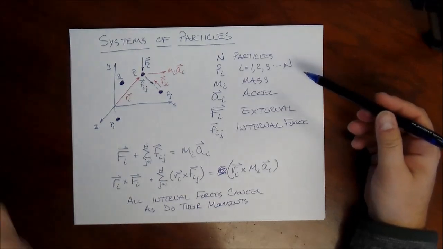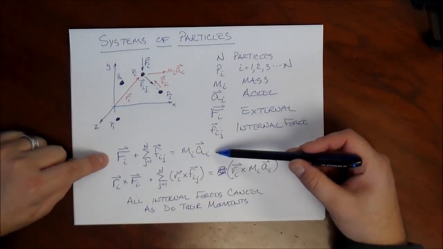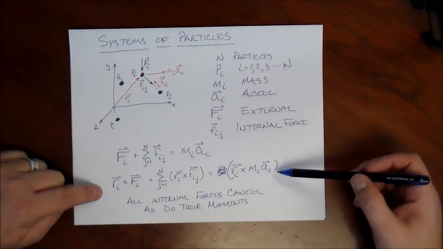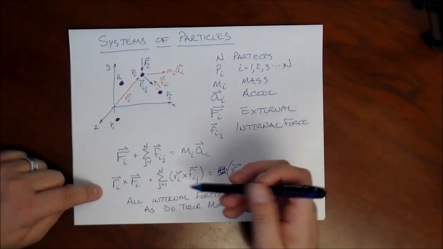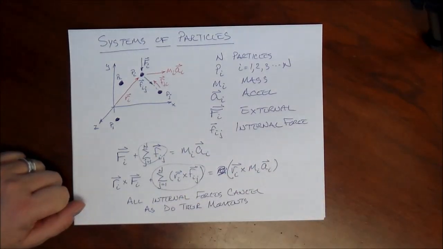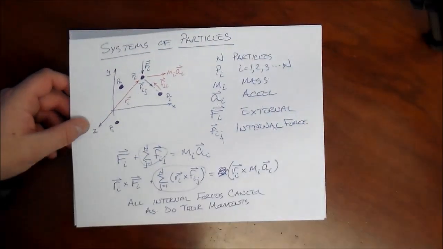Now, we can look at writing the sum of all Newton's second laws for the system. We can add all of these together for each particle. We can also add all of the moments together for each particle. And we'll notice that the internal forces and their moments will cancel out. And if we do that, we'll come up with a set of equations for the system that looks like the following.